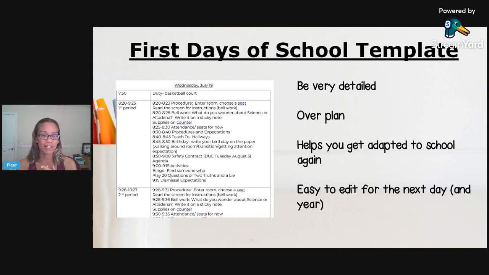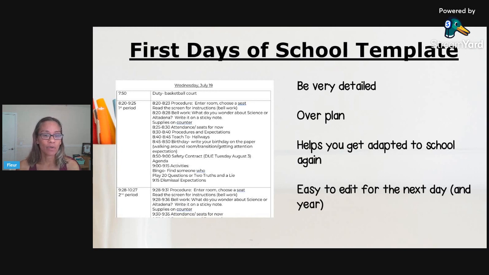It keeps me on schedule. I always overplan because I don't want to have downtime, because if I have downtime, that's when misbehaviors tend to happen. So I usually overplan, or I have a list of things we can do if there is downtime.